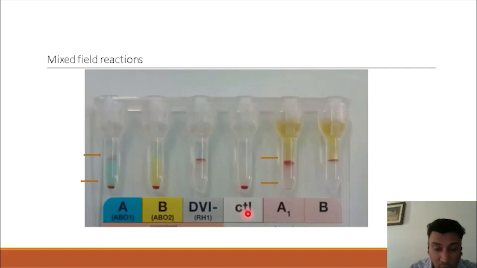Control is okay, it has passed control, and with A cells you can see it is again showing a mixed field reaction. That means this is a grouping discrepancy, and with B cells it is a clear-cut positive reaction. So this type of finding needs further evaluation. One of the most common reasons for a mixed field reaction is a recent history of transfusion.